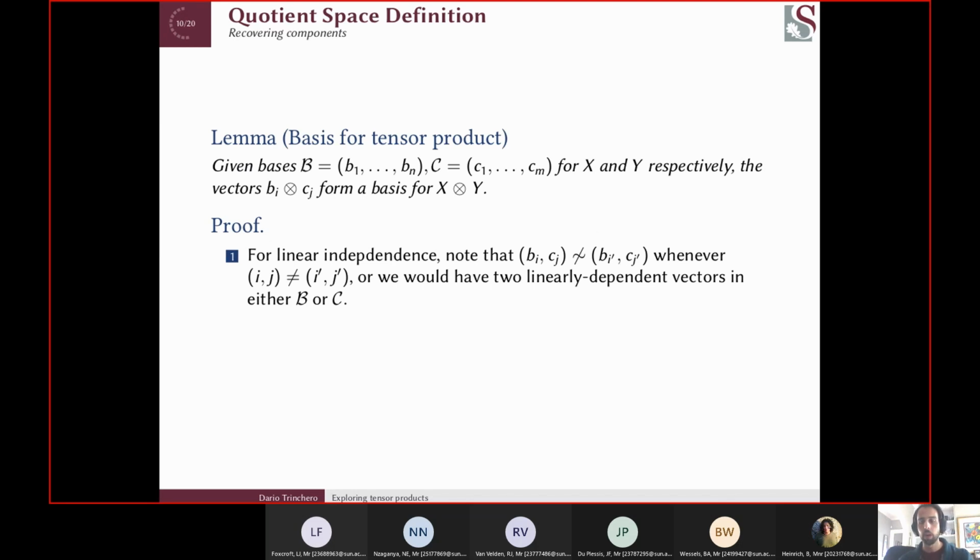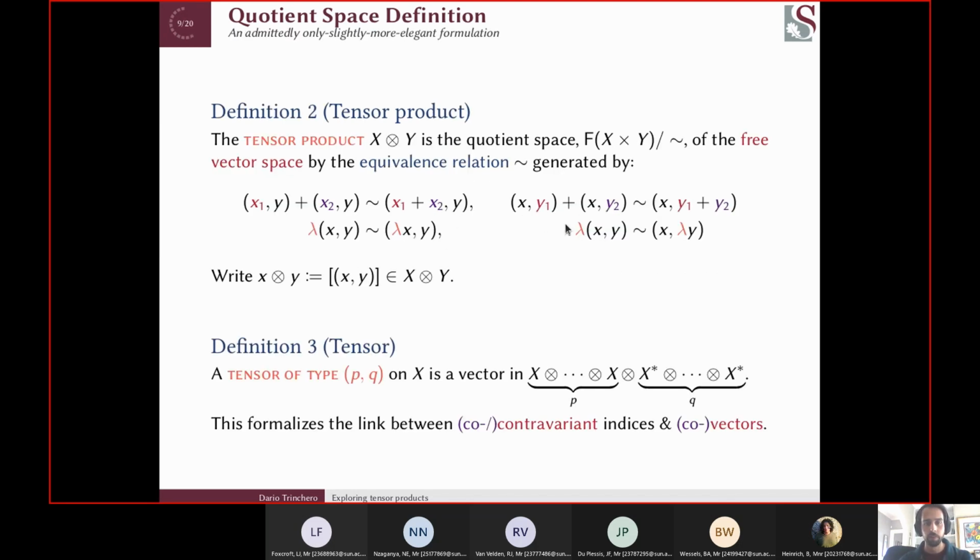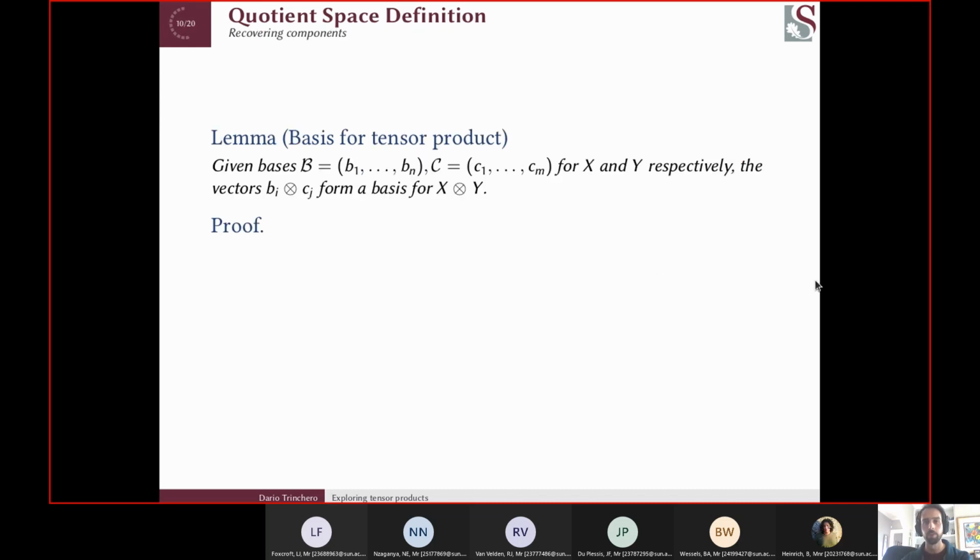Because of course, them being inequivalent tells us that the resulting pairs are not linearly dependent, because that equivalence was exactly what imposed linear dependence, right? We imposed linear dependence via that equivalence relation.